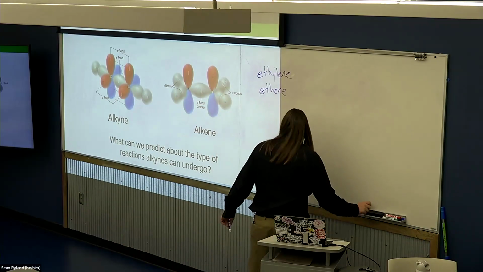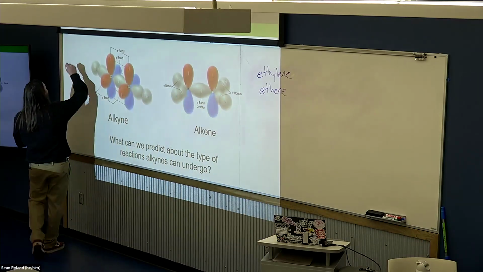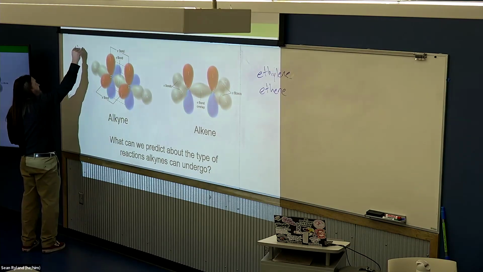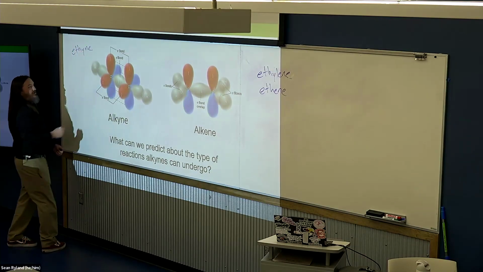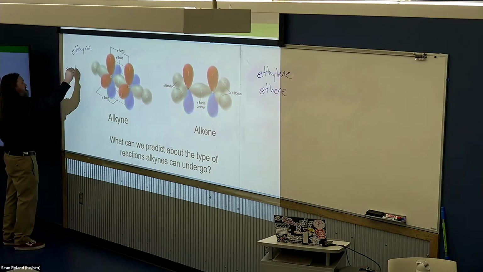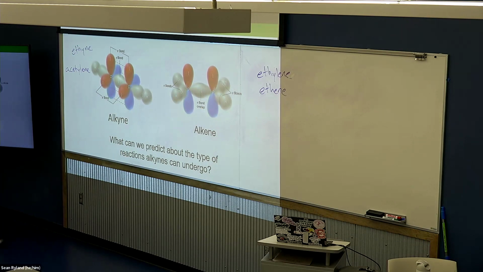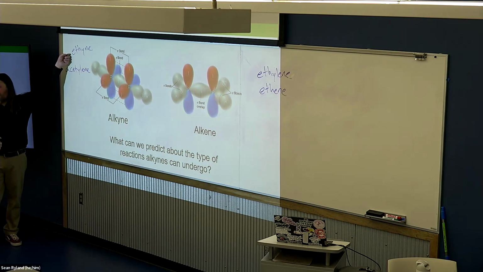And also, just so that you've seen it before, we would name this ethyne. But guess what? There's a common name. Acetylene is what we would call ethyne using our IUPAC system.